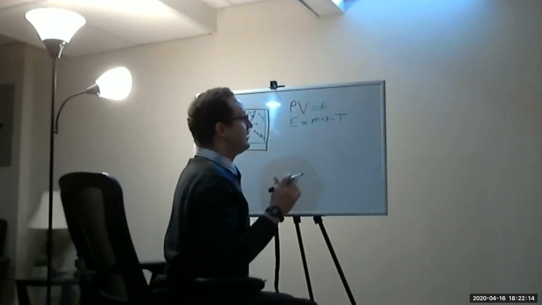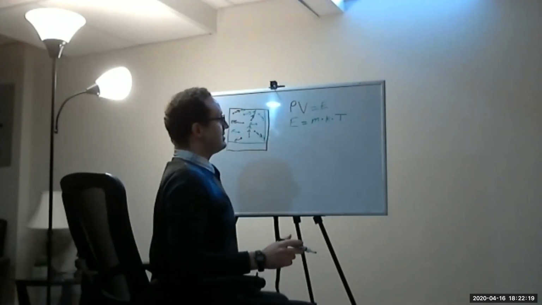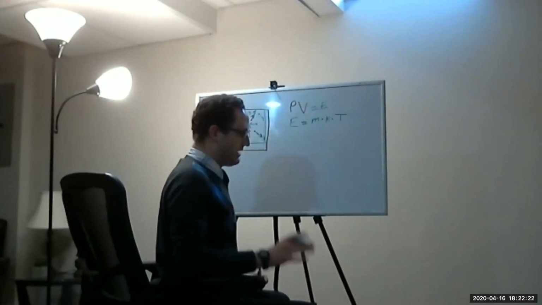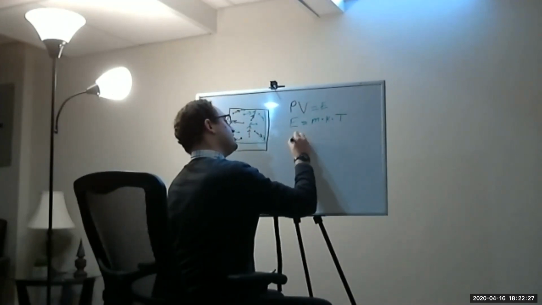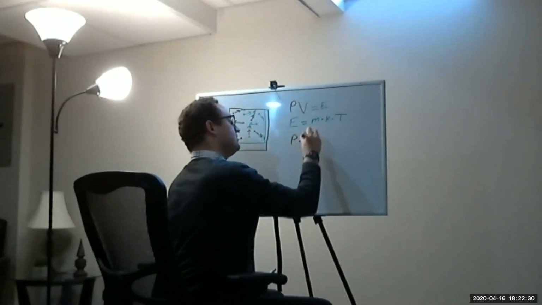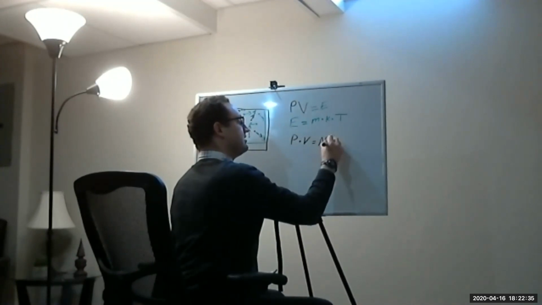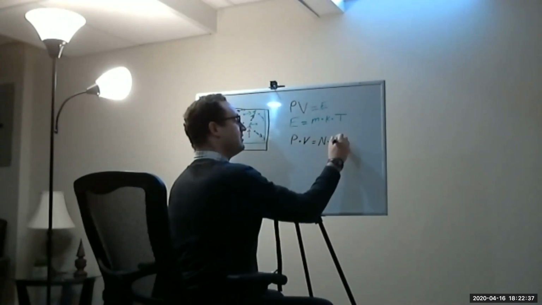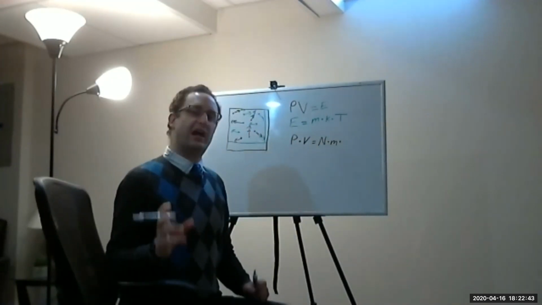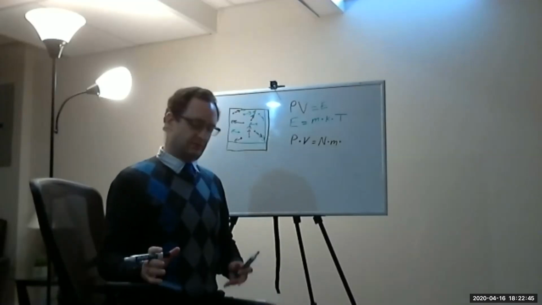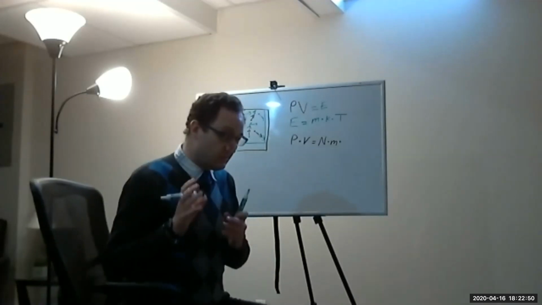If we are dealing with the actual number of particles times their corresponding mass, we will get that my pressure times my volume, which is E, equals N, the number of particles, times the mass of each particle, times still a constant, because we need to know how much energy per unit of material there is for that particular material.